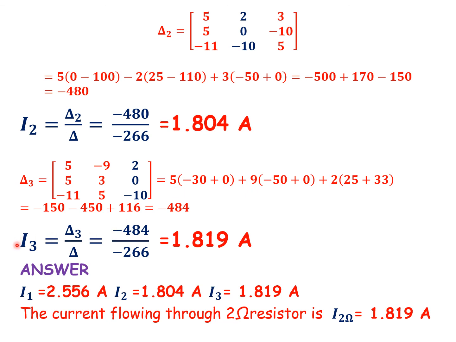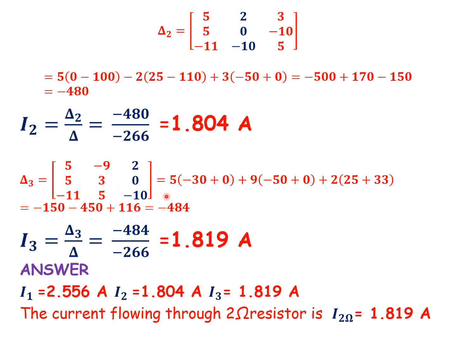Next I am going to find out I3. So what is delta 3? For delta 3, the third column elements are removed. Instead of the third column elements, the voltage values are substituted. 5, minus 9, 2; 5, 3, 0; minus 11, 5, minus 10.